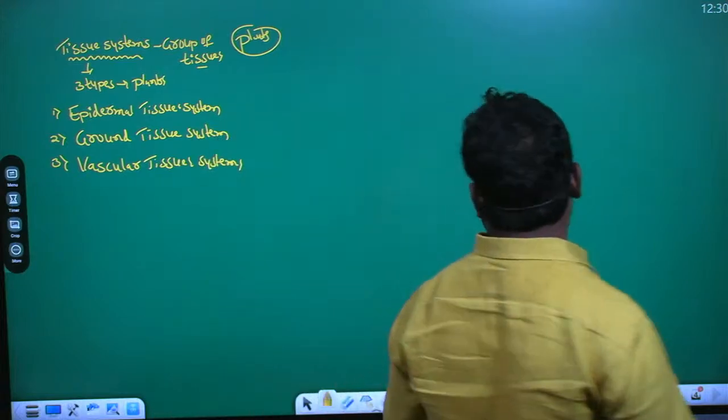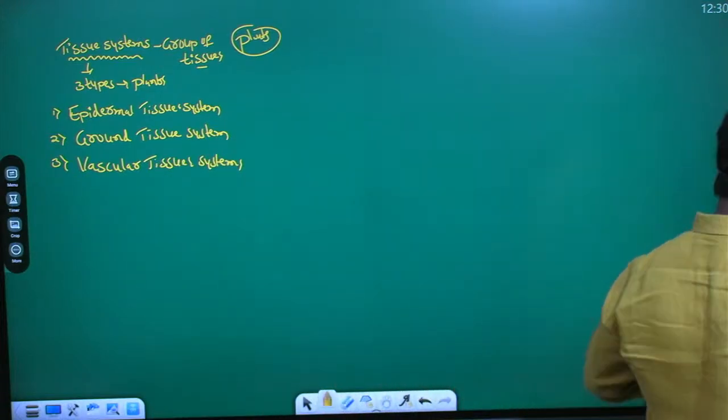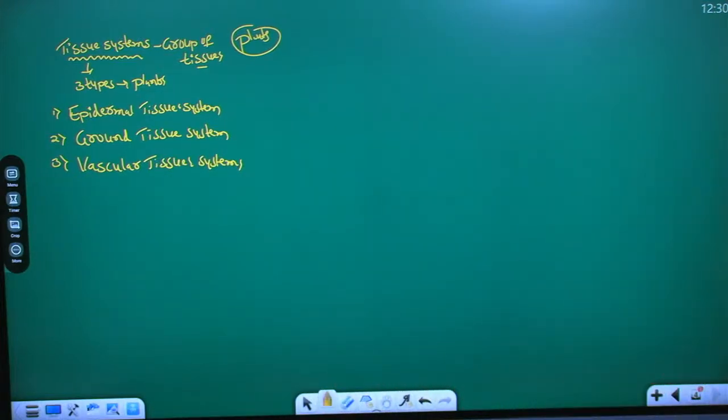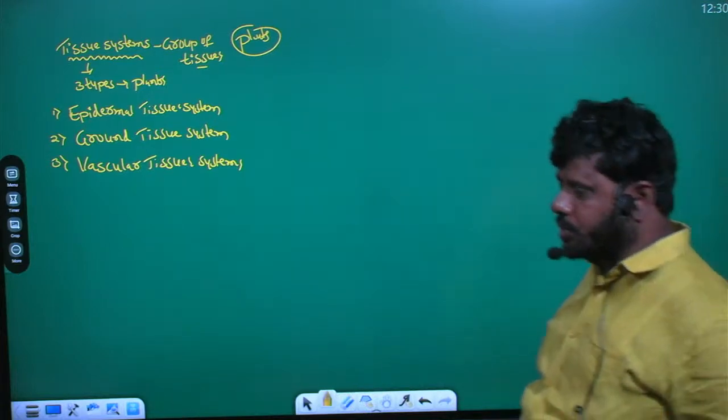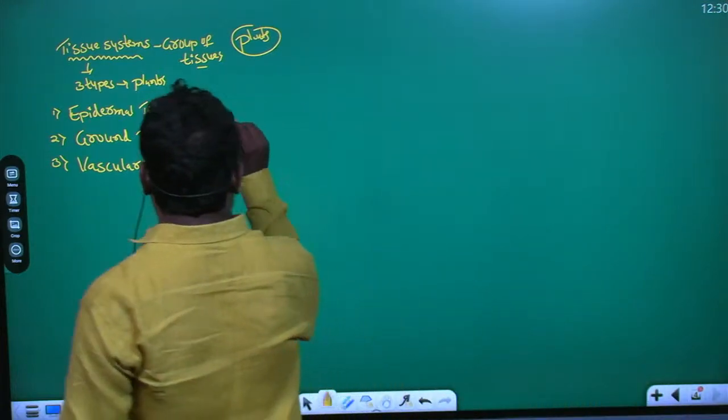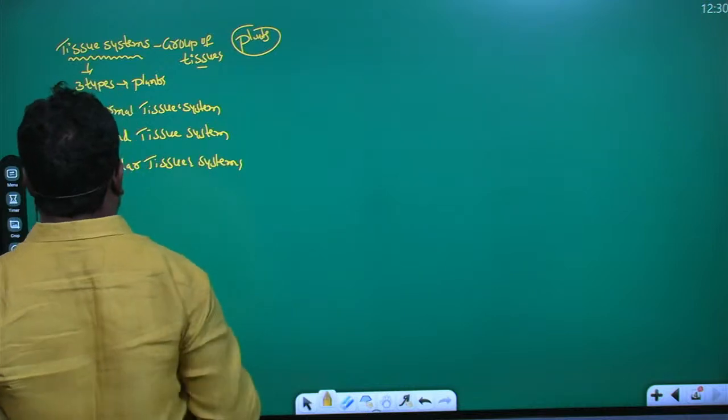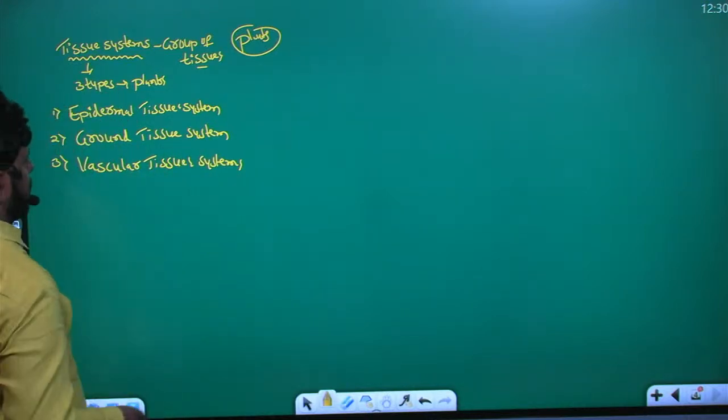So in plants, there are three types of tissue systems present: epidermal tissue system, ground tissue system, and vascular tissue system.